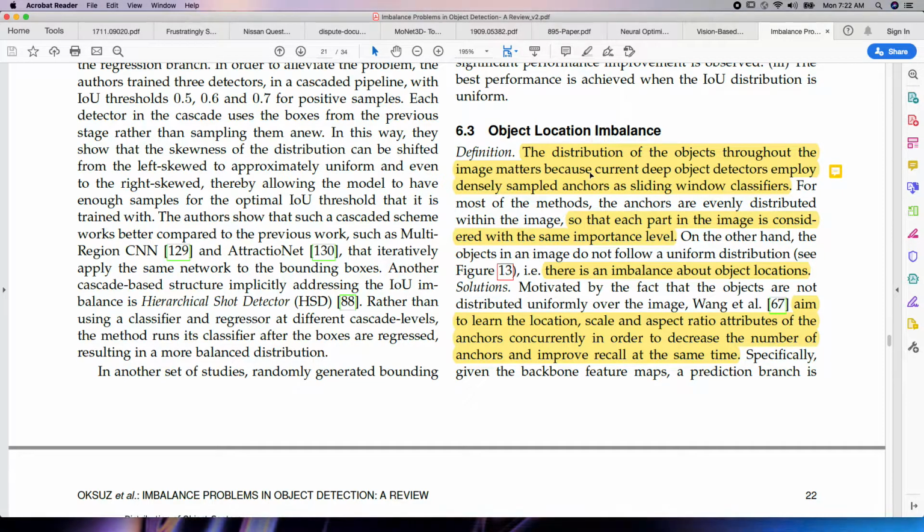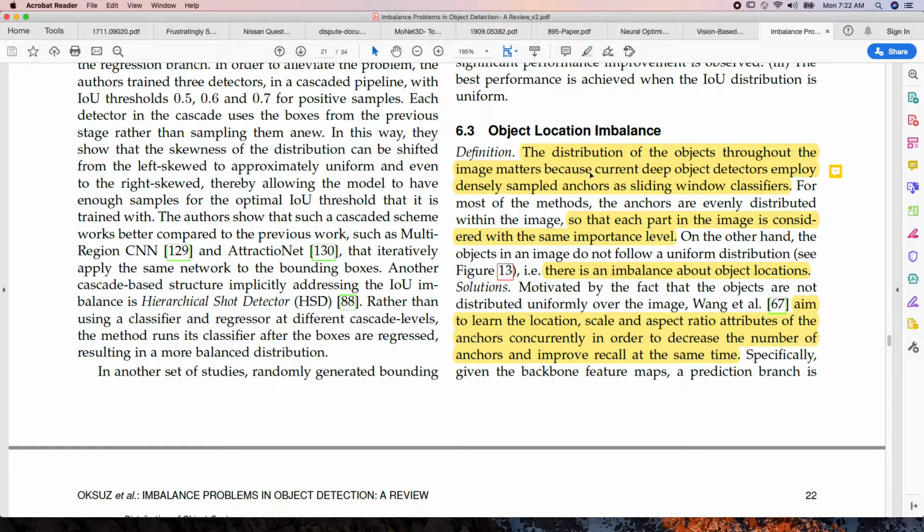I'm currently working on electrical insulators in power lines, like I mentioned earlier. When you take a picture of the power line, roughly the position of the insulators in the power line will be more or less in the same spatial location.